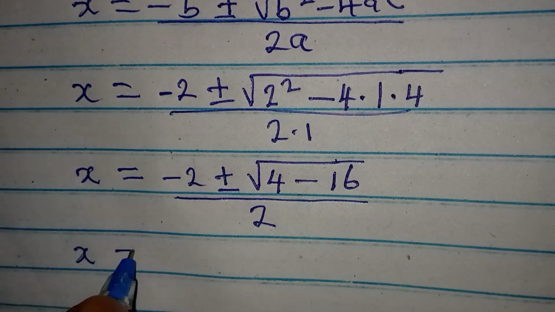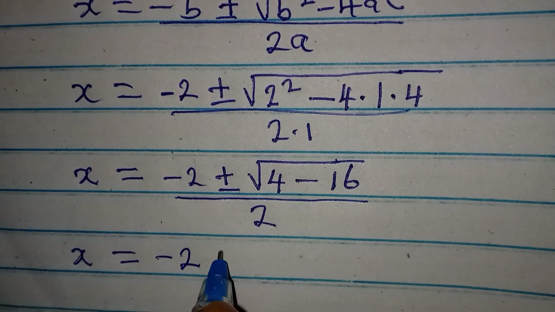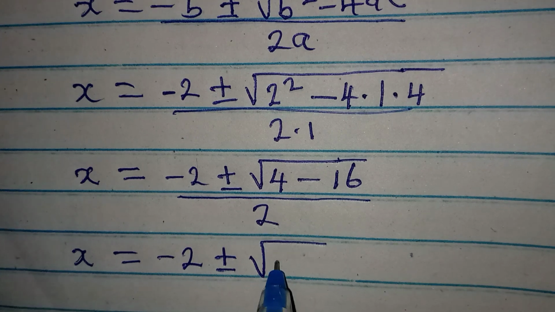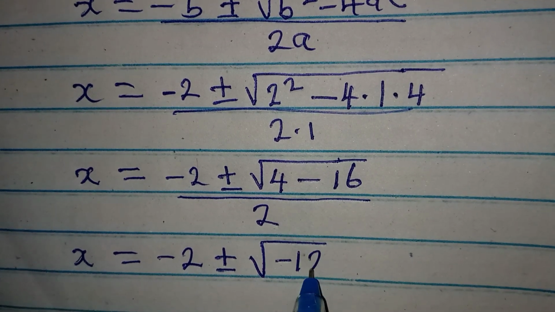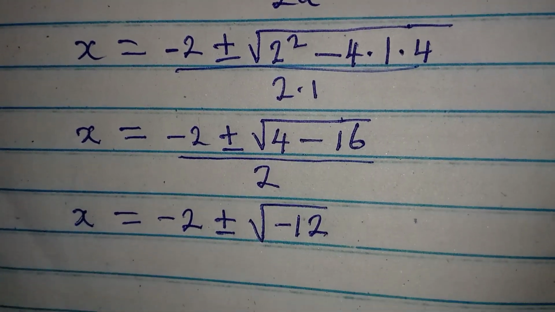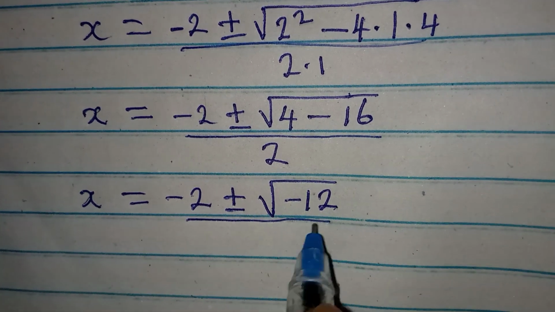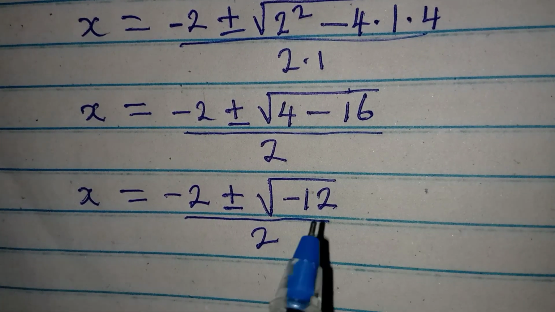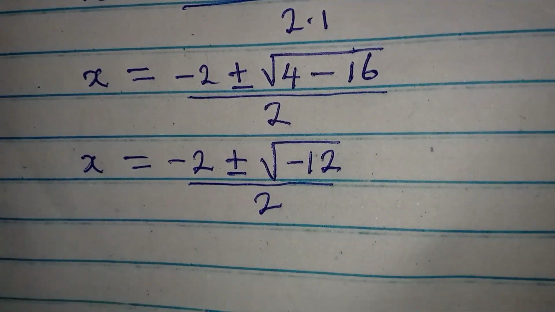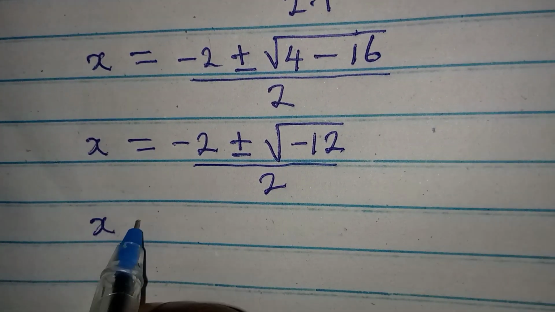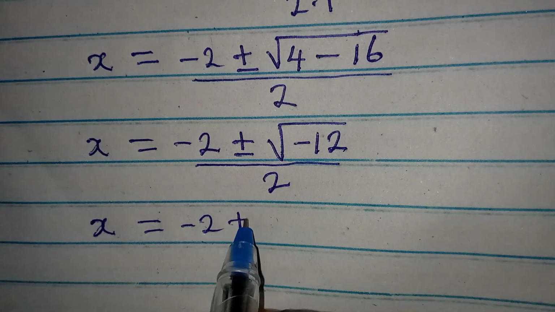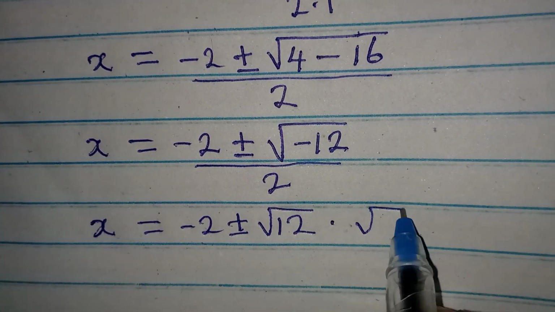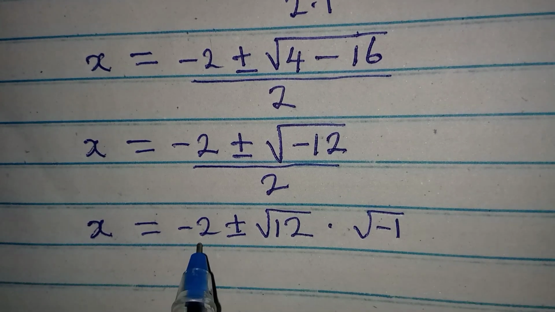Now, x from here is equal to minus 2 plus or minus, then we have square root of negative 12, because 4 minus 16 is negative 12. But we still have this over 2. Now to continue, I'm going to pick out this negative from there. So I have x to be equal to minus 2 plus or minus square root of 12 multiplied by square root of negative 1.